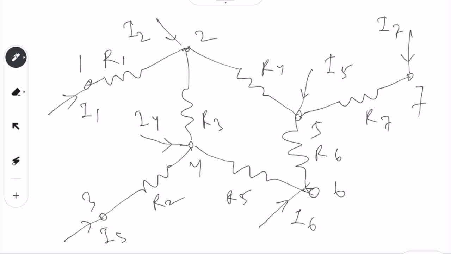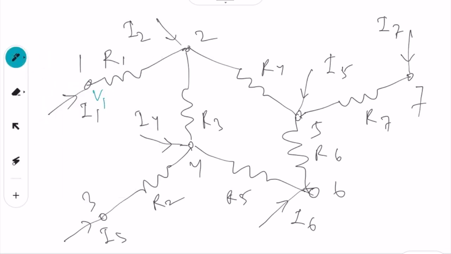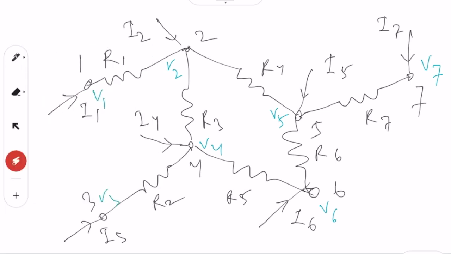So you have 7 currents I1 to I7. Accordingly you will have voltages as well, V1, V2, V3, V4, V5, V6, V7, and you will formulate the connections accordingly.